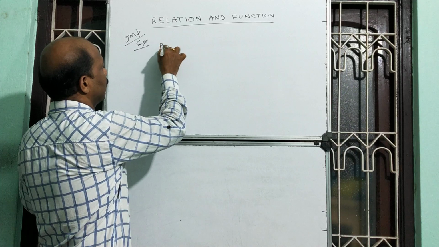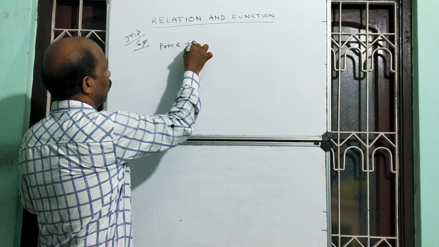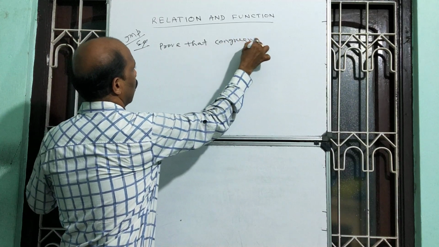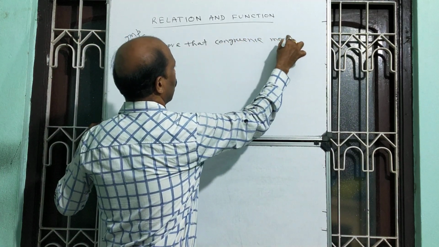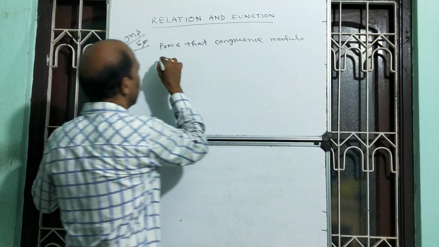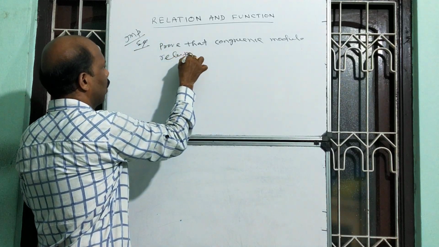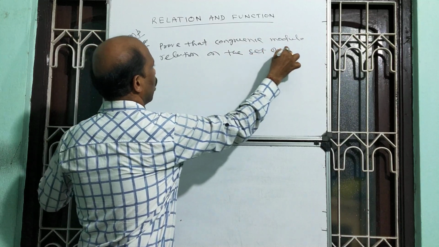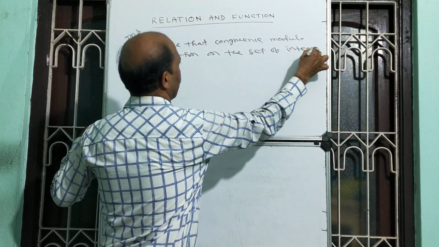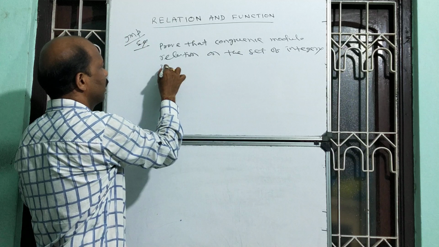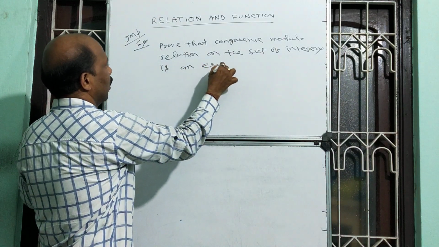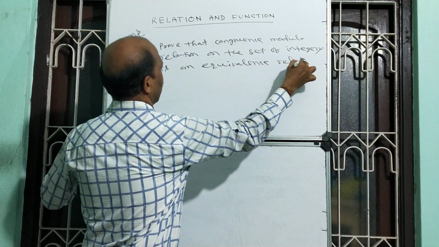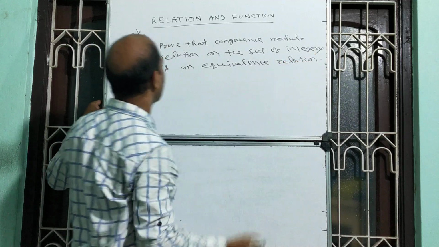Prove that congruence modulo relation on the set of integers is an equivalence relation. This is the question.